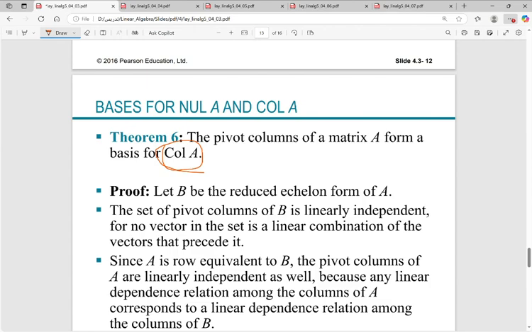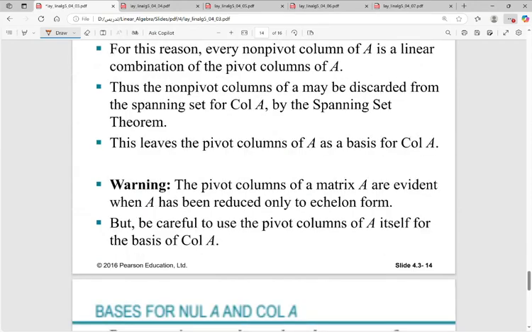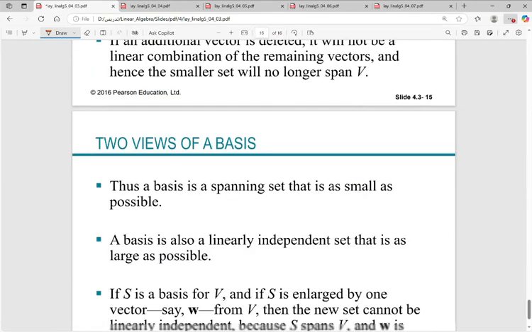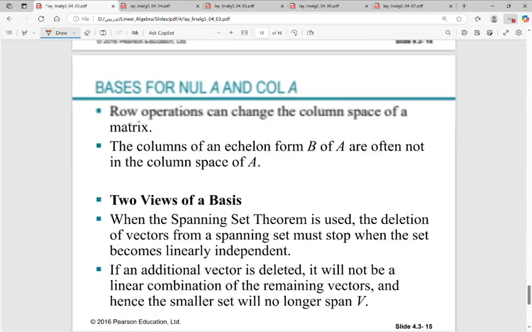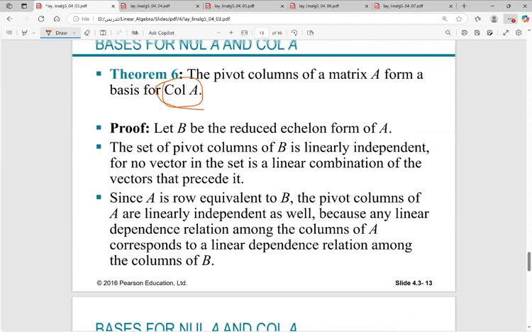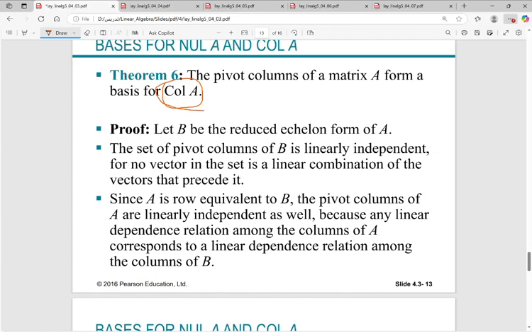We don't prove the theorem for you. You don't need to know the proof, but I describe it. So you have a matrix. You want to find a basis for its column space.